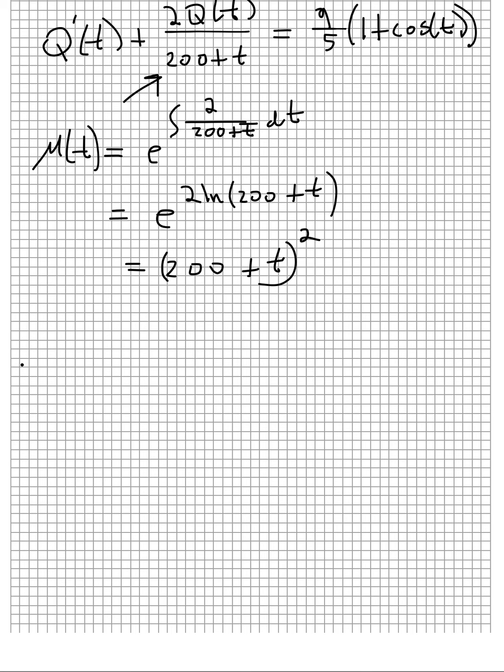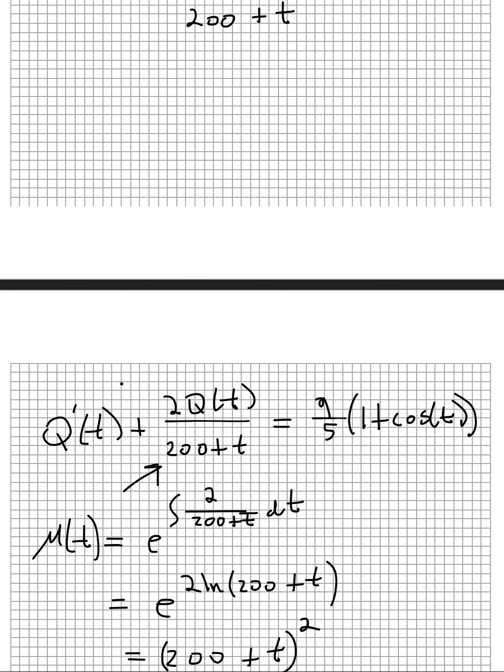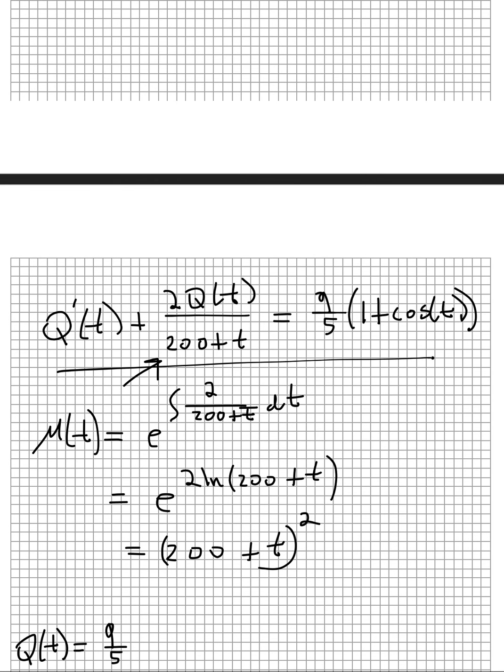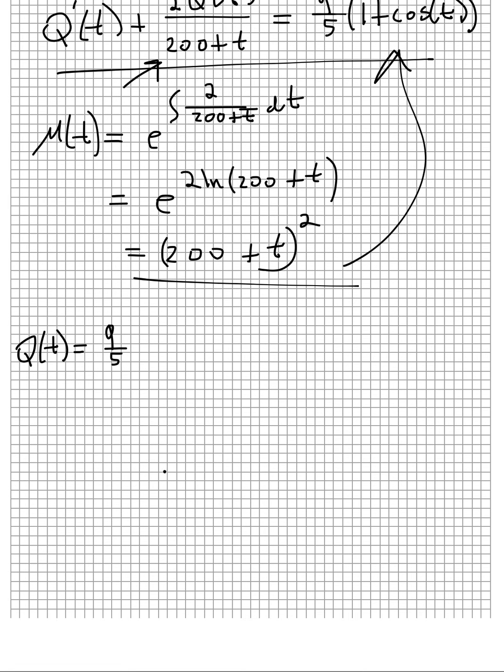But at the end of the day, when you multiply everything through, what you're going to get is q of t, and that's going to equal 9/5 once you do all the simplification, and you're multiplying it into our original equation, which is up here, right? So you're multiplying this all into this, left-hand side and right-hand side.